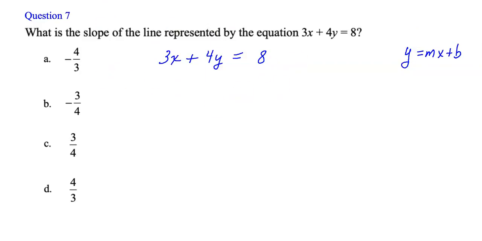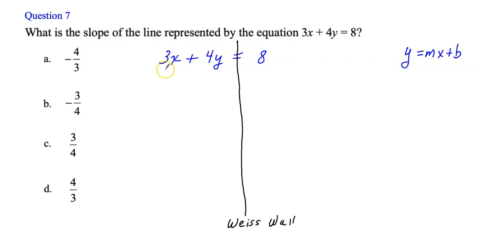So the first thing I do is I put up a Weiss wall just to separate my left and right hand side. This is my left hand side, this is my right hand side, and the goal is to get the y by itself. I'm solving for y, so I need to move this 3x here to the other side of the wall.